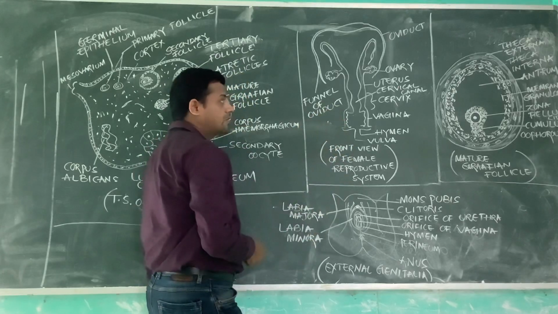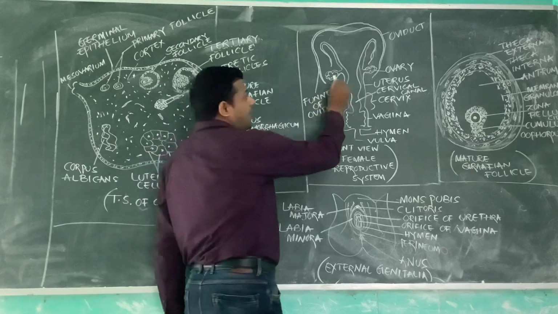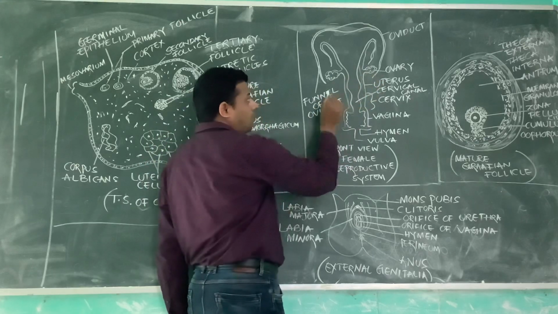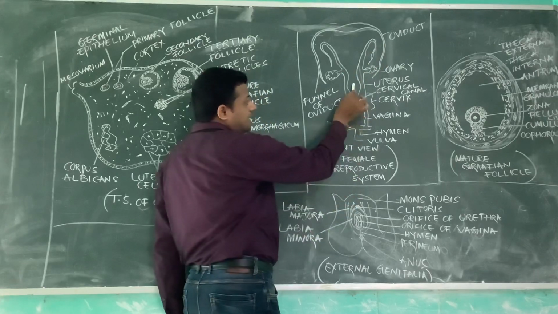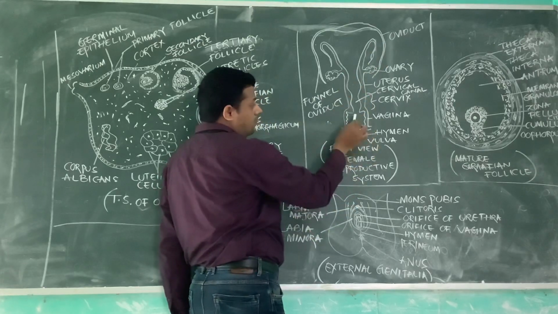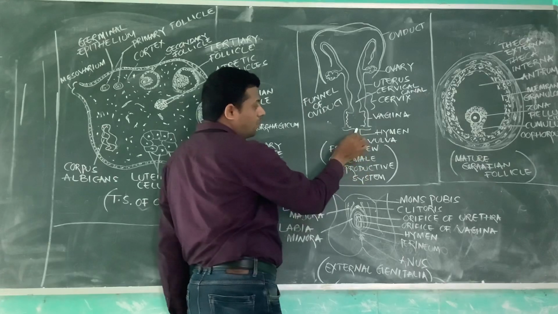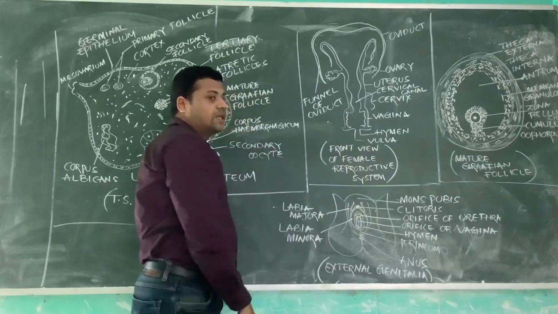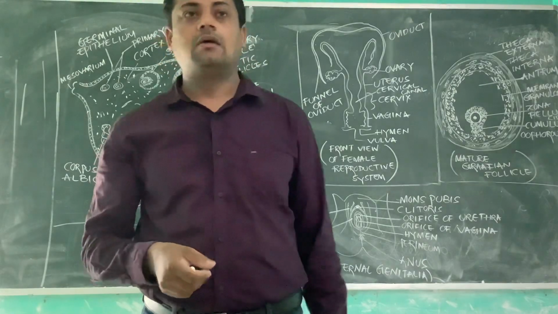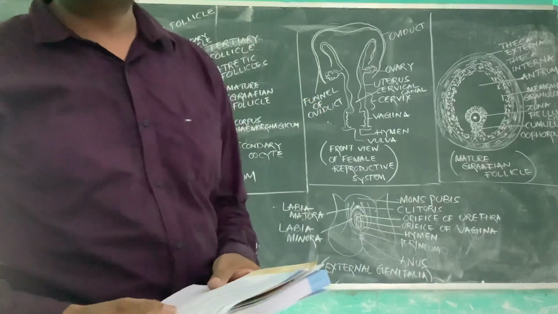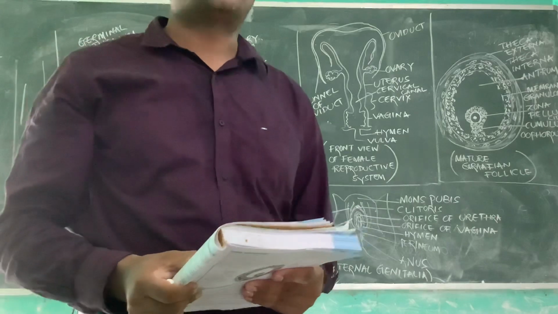A pair of ovaries, a pair of oviducts, a single uterus, vagina, vulva, and accessory glands. Those accessory glands are called Bartholin's glands or greater vestibular glands.